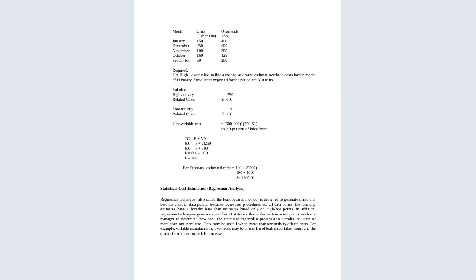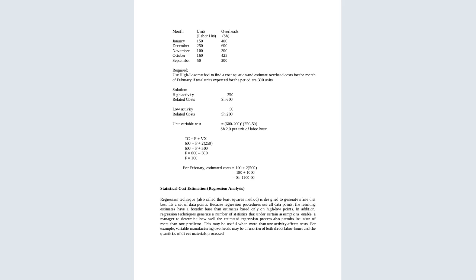In case we want to produce 300 units in the month of February, we substitute into the equation, TC = F + Vx, where F is 100, plus 2 into brackets the number of units needed, which is 300. So for February, they are going to incur 700 shillings.